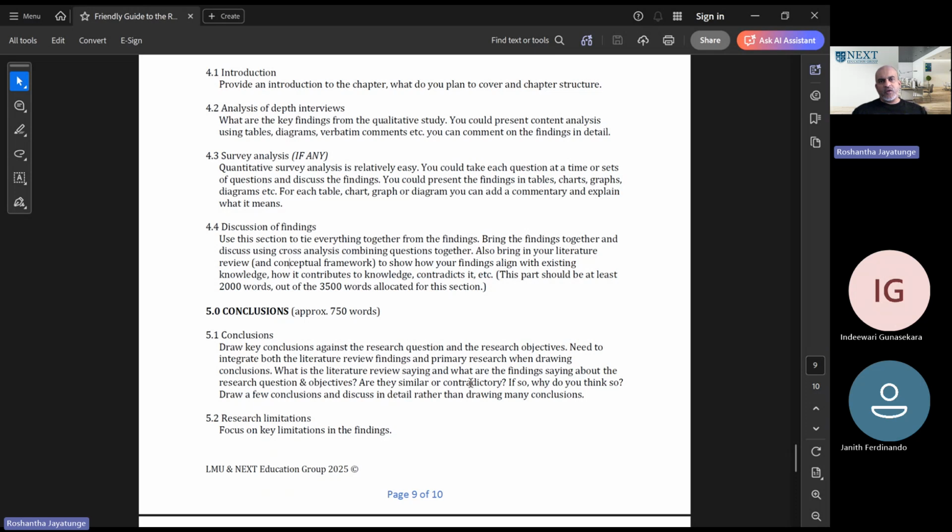A really good discussion always centers around three things: the data that you have found, because that is new; the literature, which is the foundation; and the third thing is your conceptual framework. This is what you use to bridge the two. Your conceptual framework is actually that bridge that you built.